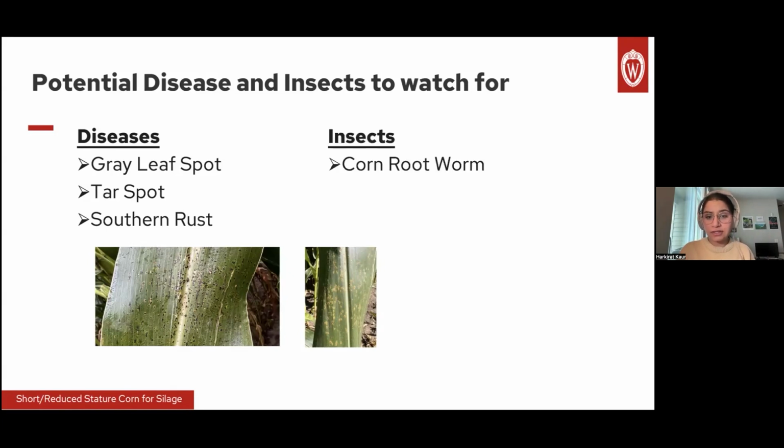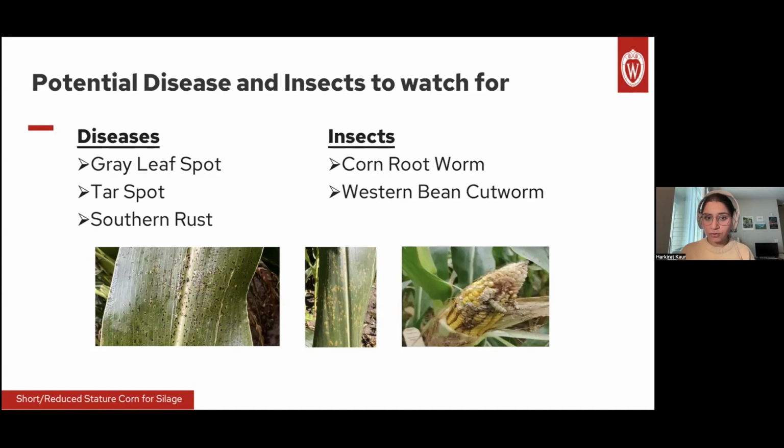In terms of insects, there are a few that are very similar to what we see in tall corn, starting with corn rootworm and western bean cutworm, which would eventually relate to our problems with ear molds, and then, as Damon and John were mentioning, mycotoxin risks.